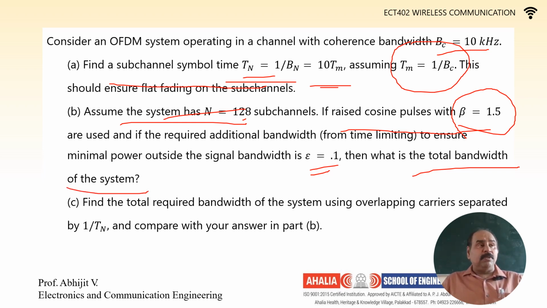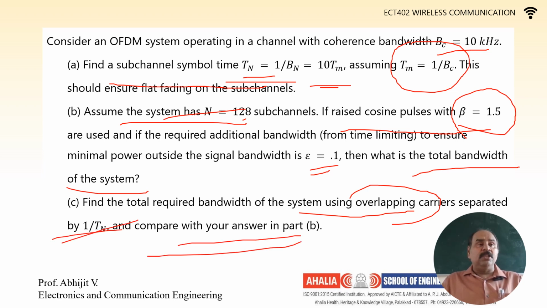The third part of the question is to find the total bandwidth required for the system using overlapping subcarriers separated by 1 by Tn, and compare your answers with the non-overlapping subchannels. So we have two conditions here. In the first one, we have overlapping subchannels. Second is non-overlapping subchannels. We are going to compare these two things.